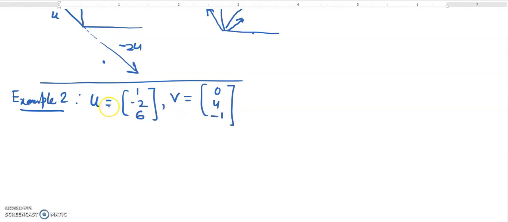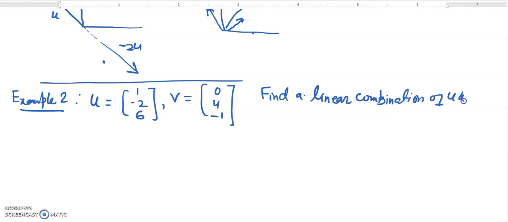Okay, these are three-component vectors. So the question is very straightforward. State a linear combination of u and v.